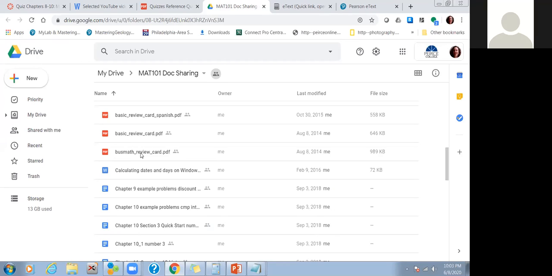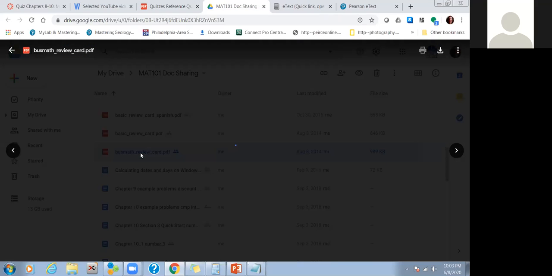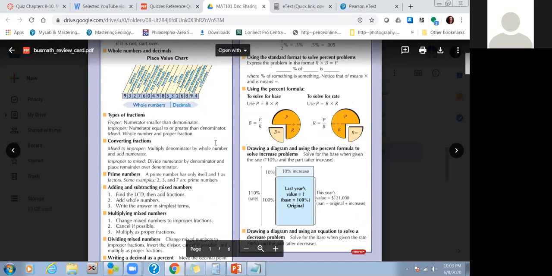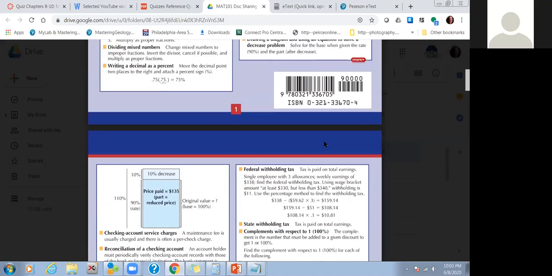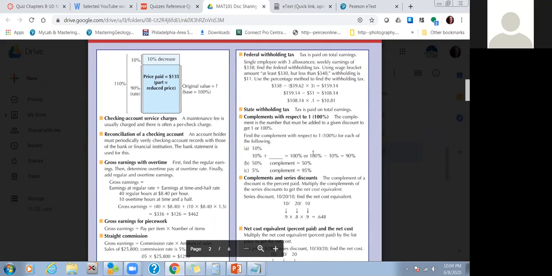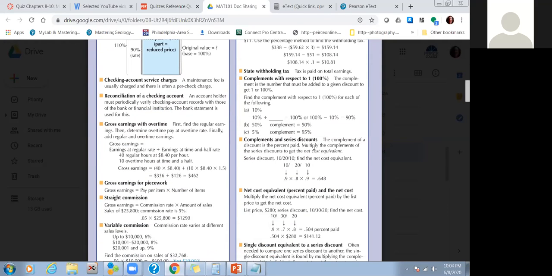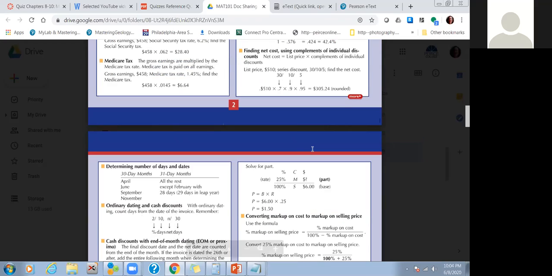And then the business math review card is nice because it has all these formulas. Nice reminder of place value and rounding, but it has all the formulas that you're working with in these chapters so far. So if it's starting to feel like you have a lot that you're trying to remember, you print off these cards and stick them with your notebook, and they're great for quick references.